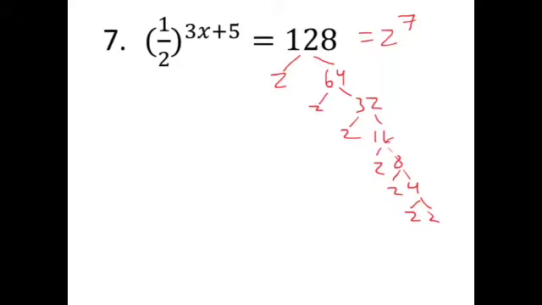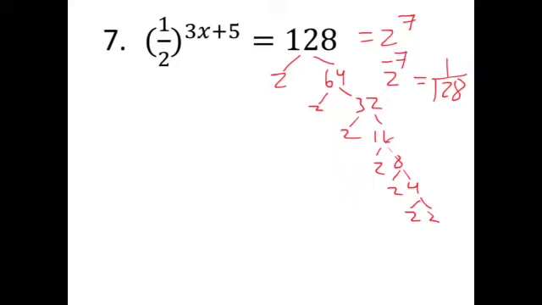If we want it to end up with a fraction there, so 1/2, that would make it so we had a negative exponent. That would give you 1/128 if you had 2 to the negative 7th power.